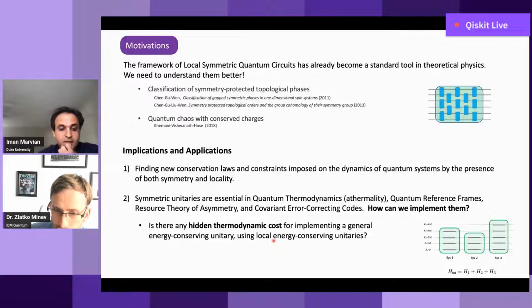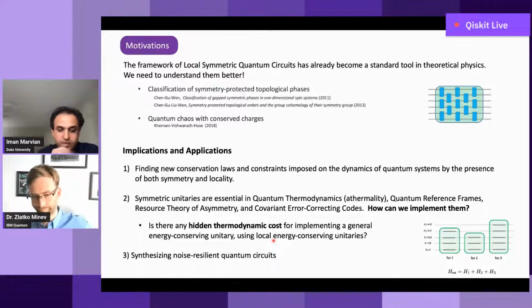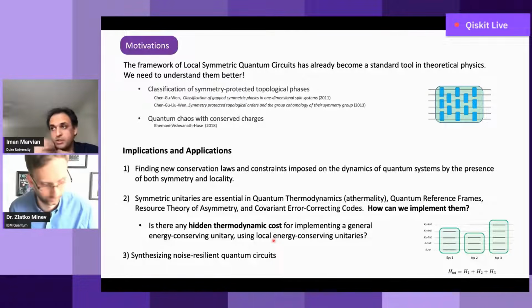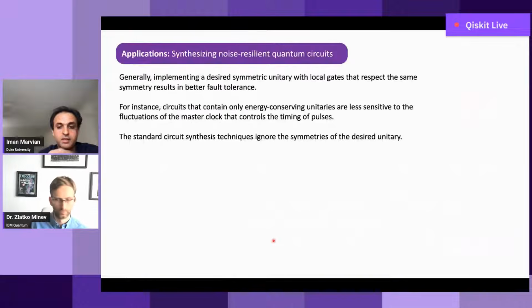Okay? And the third motivation that I've listed here is coming from the problem of synthesizing noise-resilient quantum circuits, or in other words, more generally, fault-tolerant implementation of a unitary transformation. Generally, we can take advantage of symmetries of a unitary transformation to find more noise-resilient implementation of that unitary transformation.